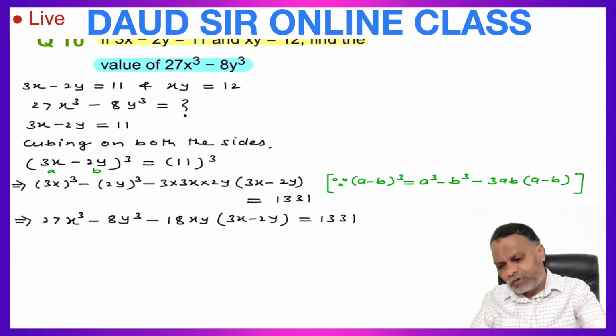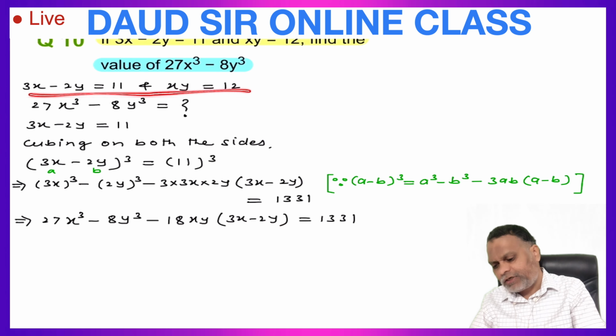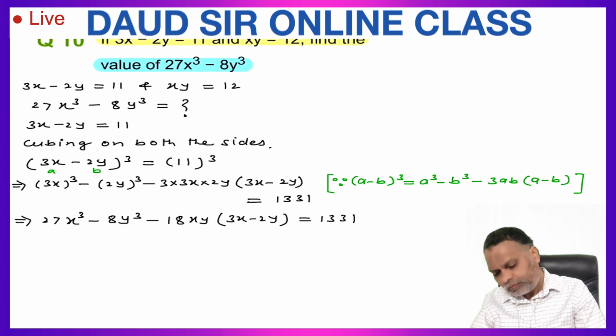Now we can substitute the value of xy and 3x minus 2y, is equal to 12 and 11.